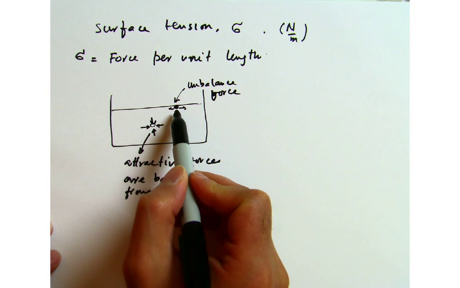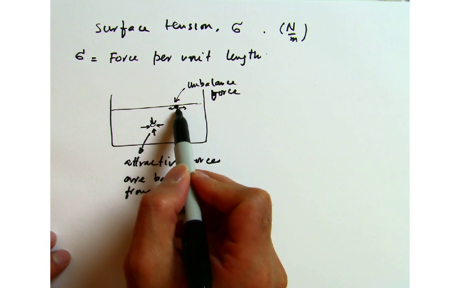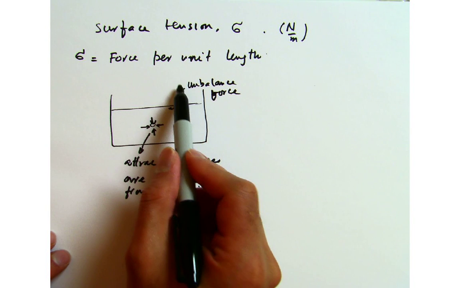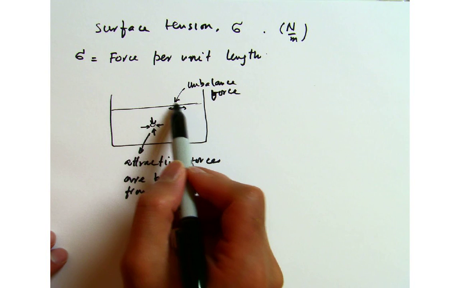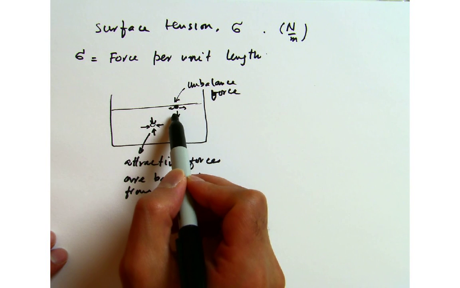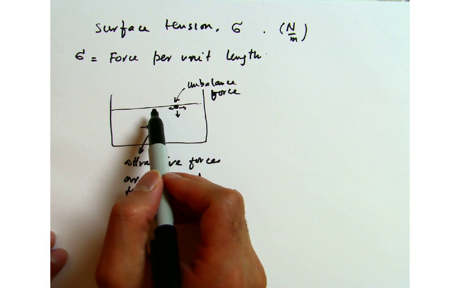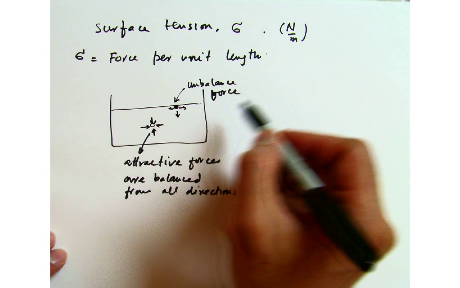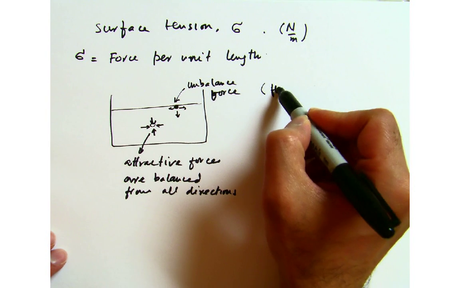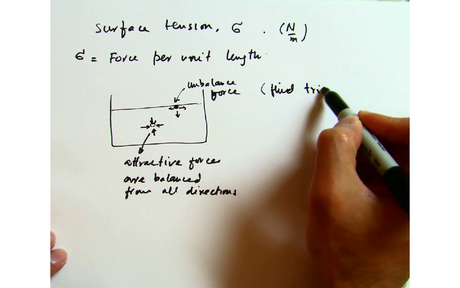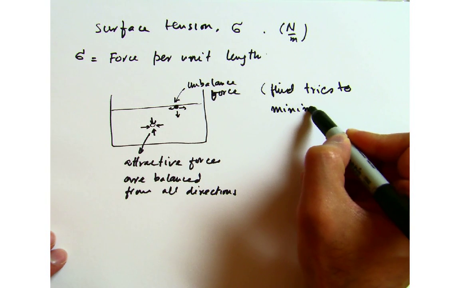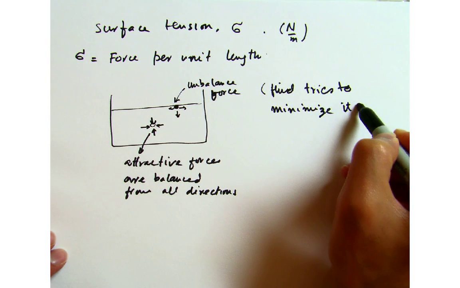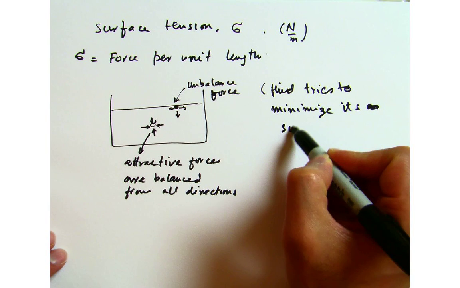It is being pulled more towards the liquid compared to the force it experiences from outside. So there is a net pull inwards, and that is why the fluid tries to minimize its surface area.